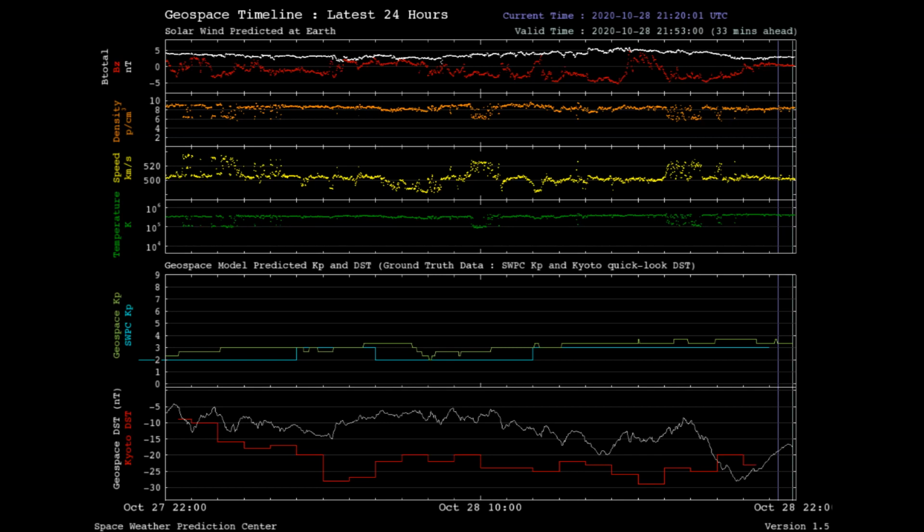And so we're seeing not huge fluxes in densities, and we're seeing rather warm temperatures on the particle count.